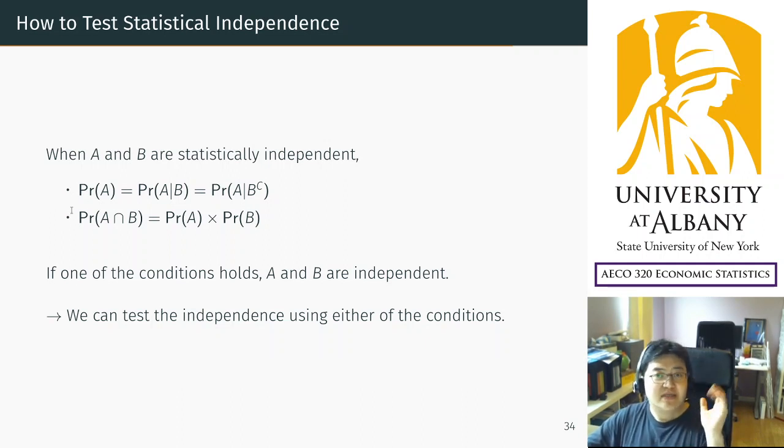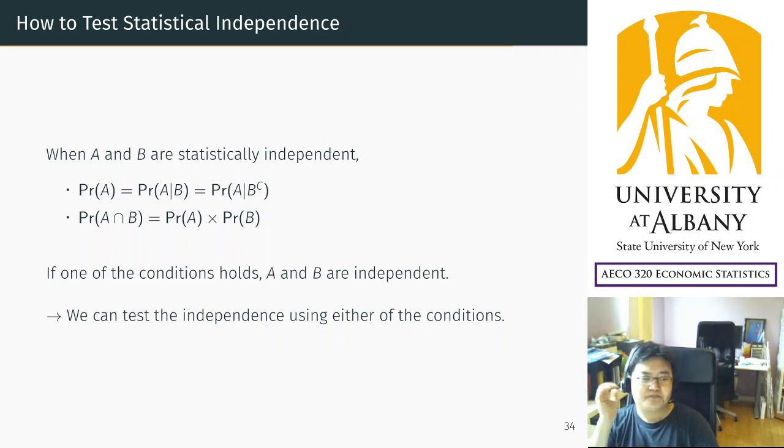And property 2, the special multiplication rule: the probability of the intersection should equal the multiplication of the two simple probabilities of the two events. And from these two, we can say that if one of the two conditions holds, then we can say A and B are statistically independent. That's how we test for statistical independence.